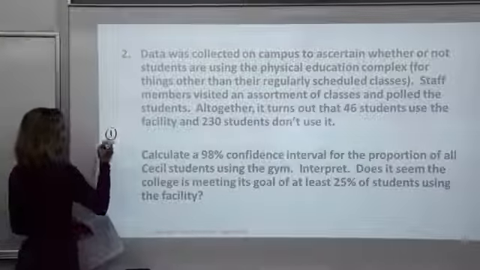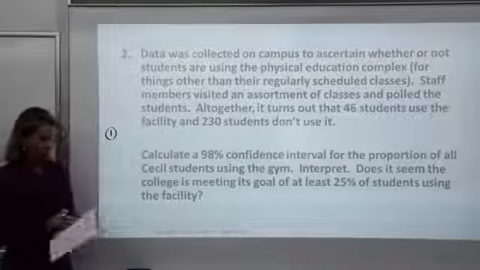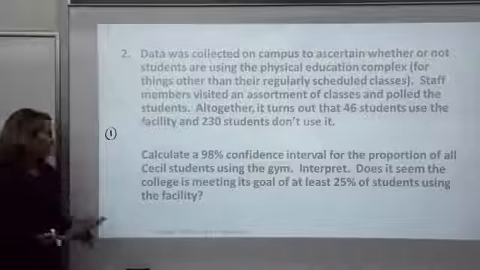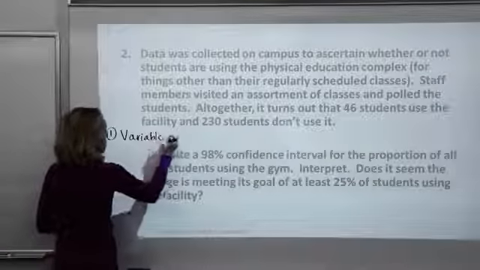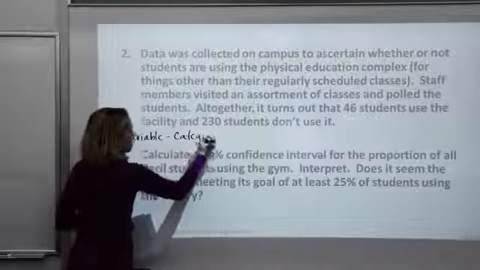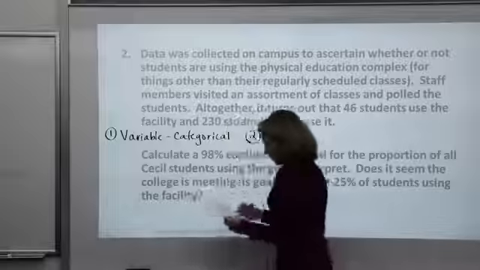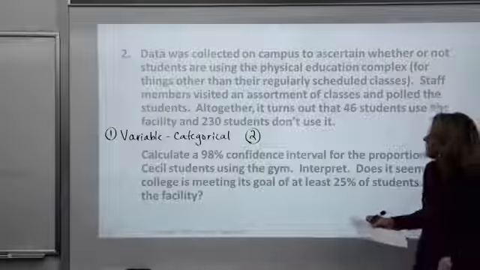So for our conditions, the first thing is that the variable, is it categorical? And you either are using the PE complex or you're not, so that's categorical. The second assumption is that you have a random sample.